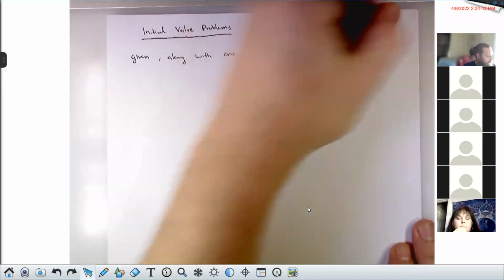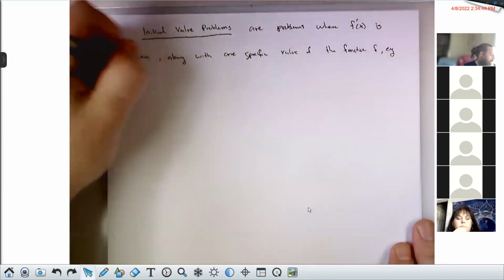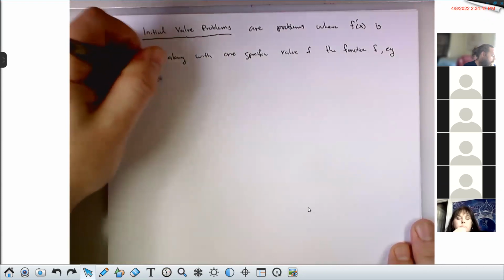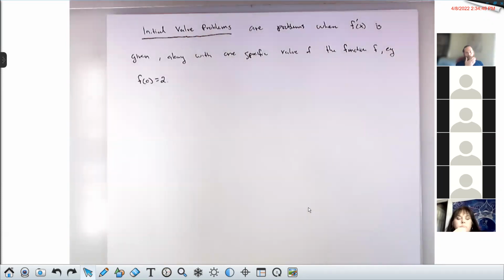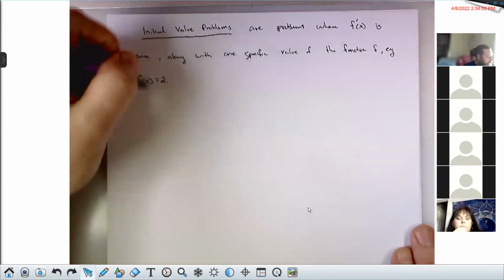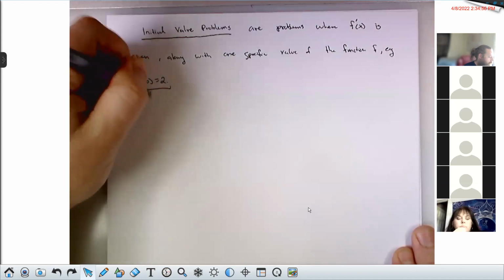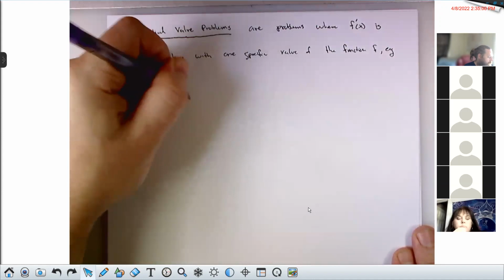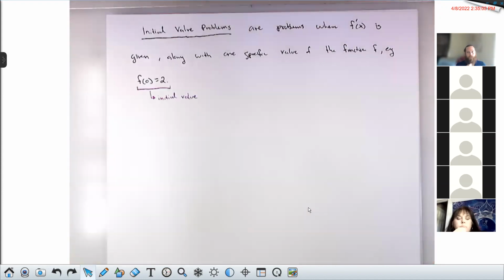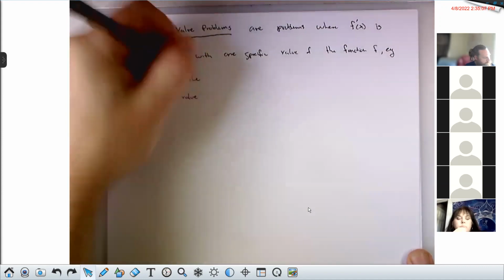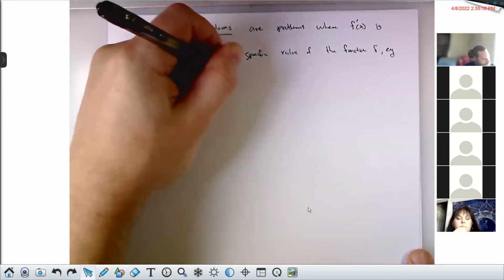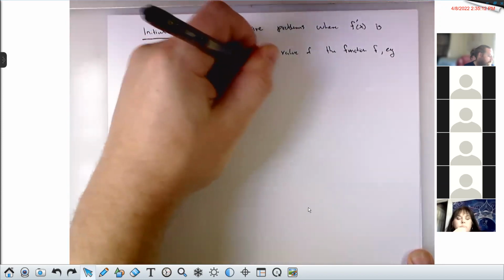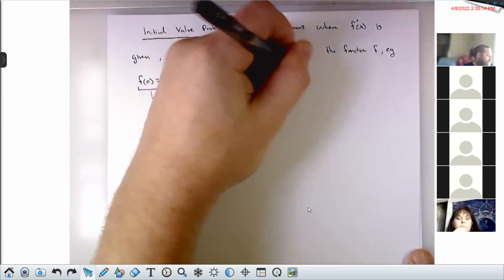Like f of 0 equals 2. Something like that. This piece is called the initial value. Hence the name. And the idea is to find f of x.